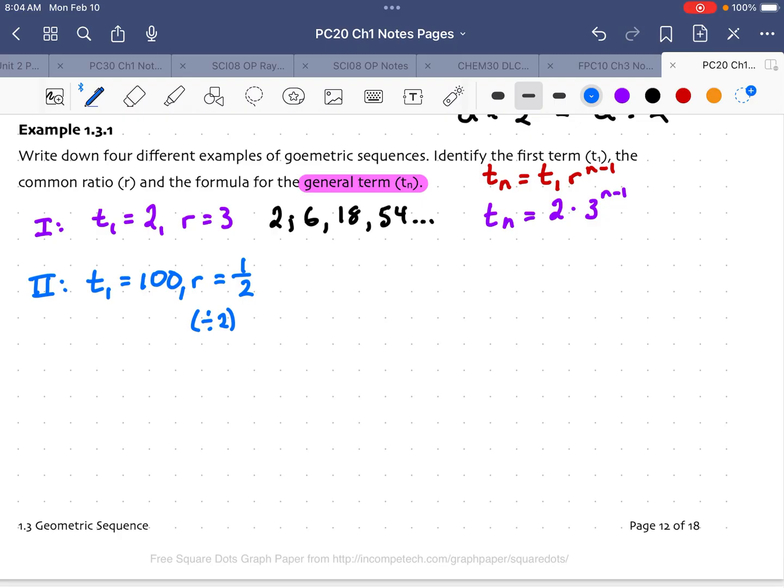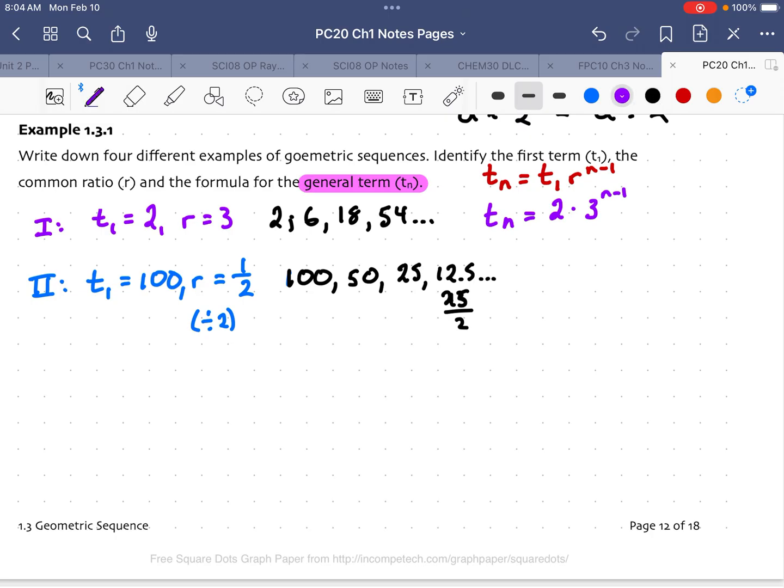Okay, so we started at 100. We times it by 1/2 to get 50. We times it by 1/2 to get 25. We times it by 1/2 to get 12.5 and... Now, I could also write 12.5 as 25 over 2 as a fraction. Then I don't have decimals involved.